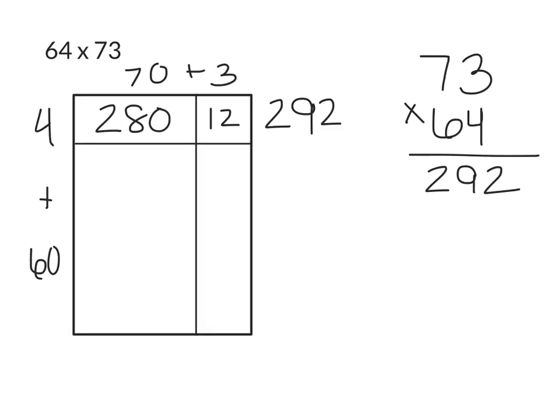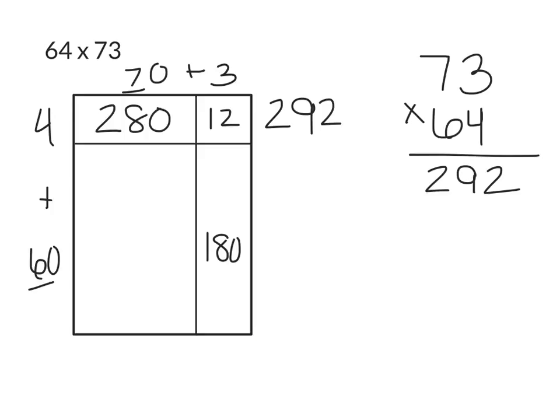Now I have 60 times 3. And 6 times 3 is a more basic problem to solve. So 6 times 3 is 18. So I know 60 times 3 is 180. And now I have 60 times 70. And I can look at my more basic facts in here, and I can see that I have 6 times 7.